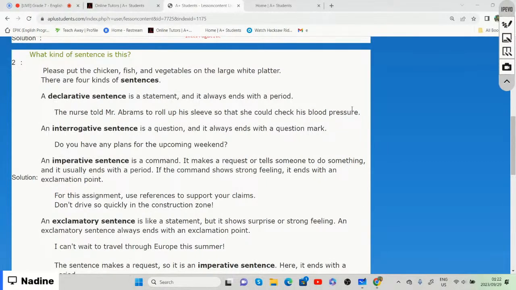Is this a declarative, interrogative, imperative, or an exclamatory sentence?